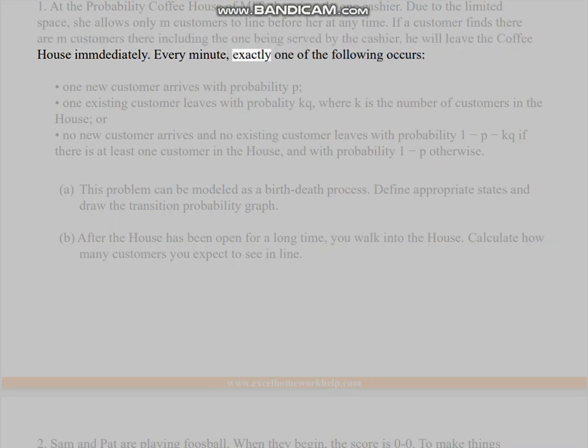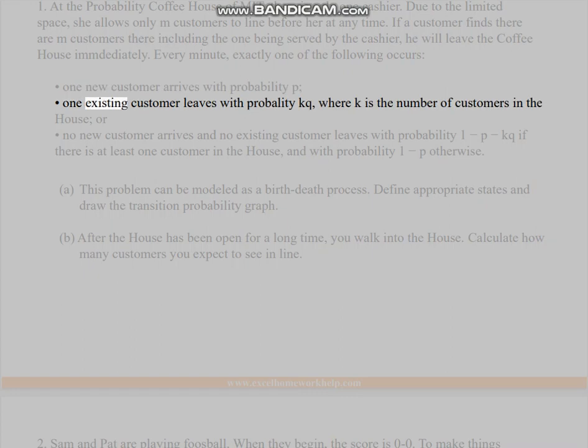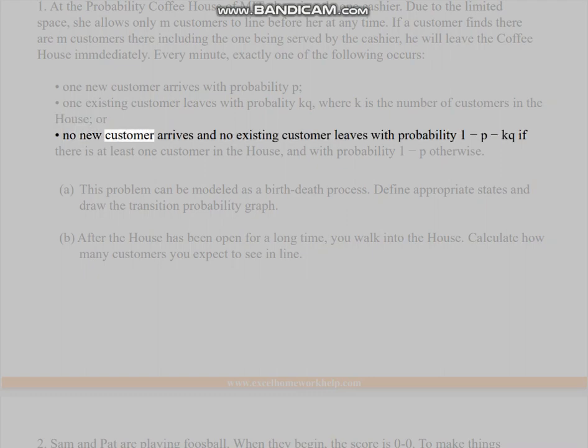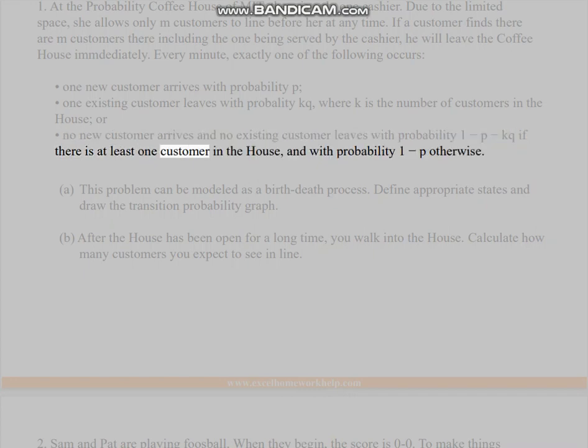Every minute, exactly one of the following occurs: one new customer arrives with probability p, one existing customer leaves with probability kq, where k is the number of customers in the house, or no new customer arrives and no existing customer leaves with probability 1 - p - kq if there is at least one customer in the house, and with probability 1 - p otherwise.